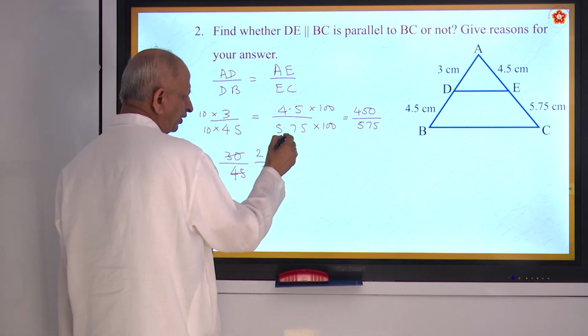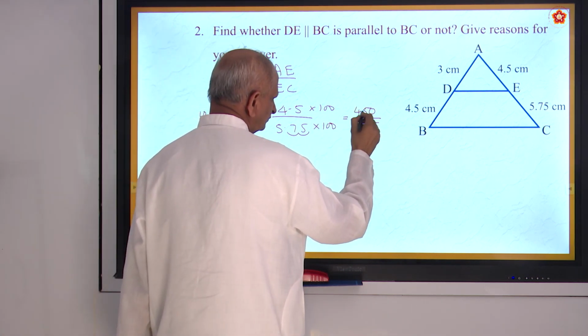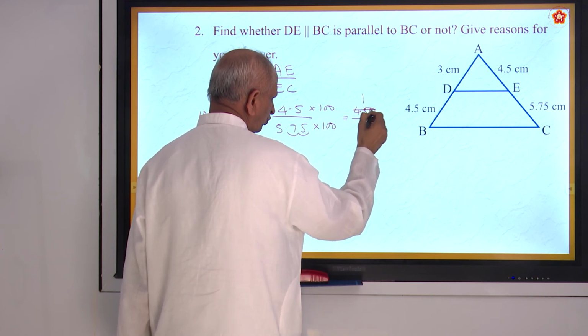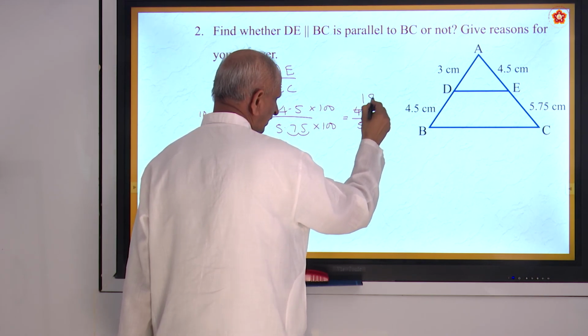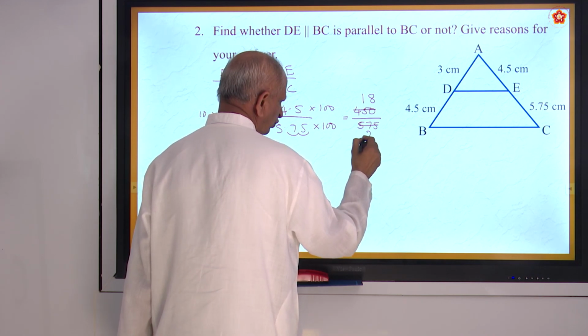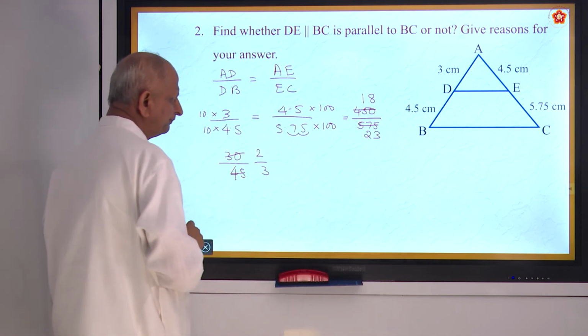When you multiply by 100, the decimal moves two places. It will be 18 by 23.